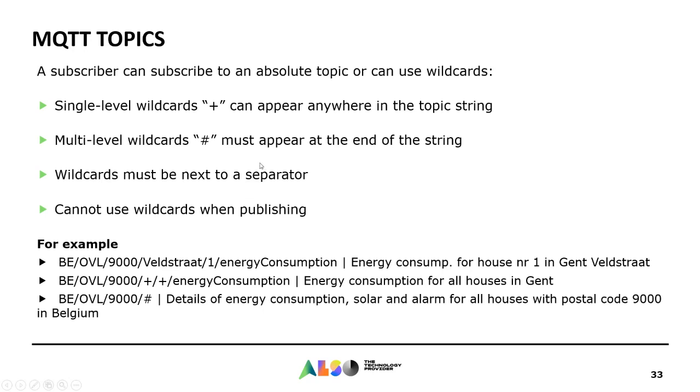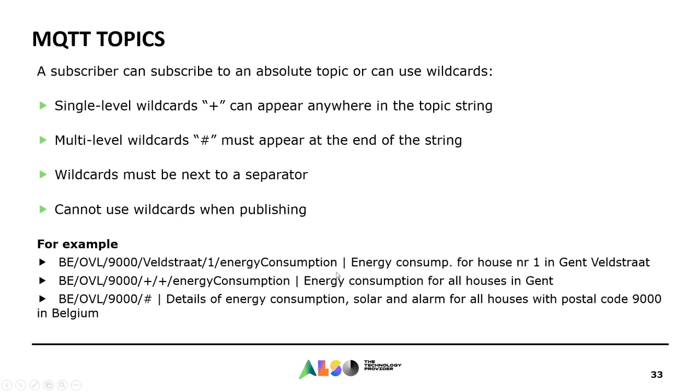But you can also use wildcards. So let's say in this example, BE is Belgium, OVL is Oost-Vlaanderen, so Belgium is divided in several provinces and this one is one of them, and 9000 is the Ghent area in Belgium. In Ghent, I want to consume all the streets and all the houses in those streets for the energy consumption.